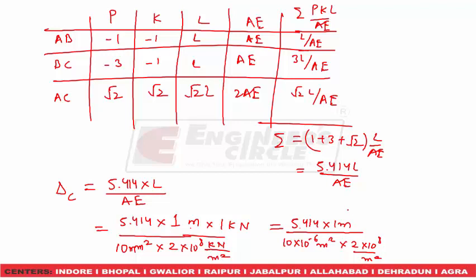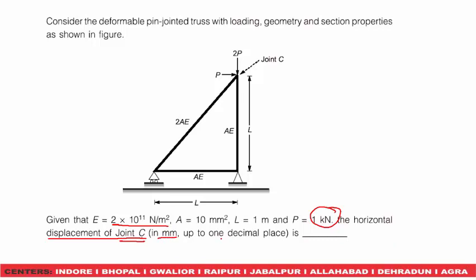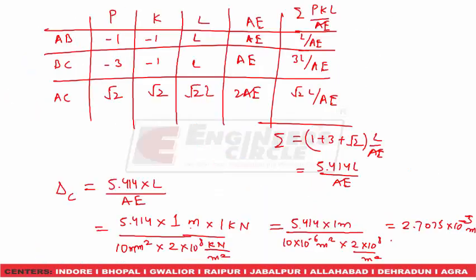We will get the answer in meters. So this comes out to be 2.7075 into 10 to the power minus 3 meters. We have to determine the answer in mm up to 1 decimal place, so it will be equal to 2.7 mm. So the correct answer will be this option.